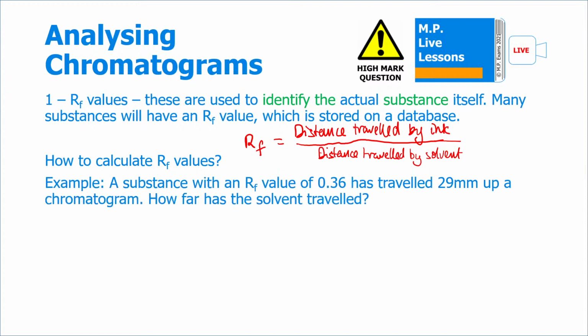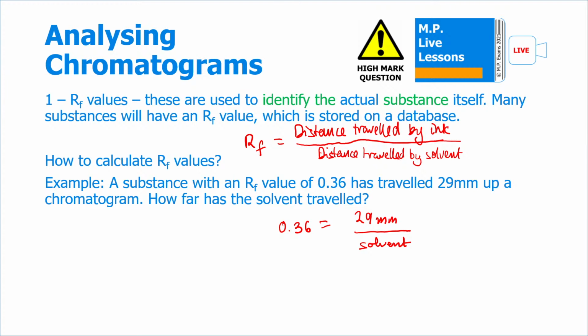For example, let's say we have a substance with an RF value of 0.36 and it's traveled 29 millimeters up a chromatogram, and we want to know how far the solvent travelled. So we substitute our values in. The distance travelled by the ink, which is 29 millimeters, divided by the solvent distance, which is unknown.